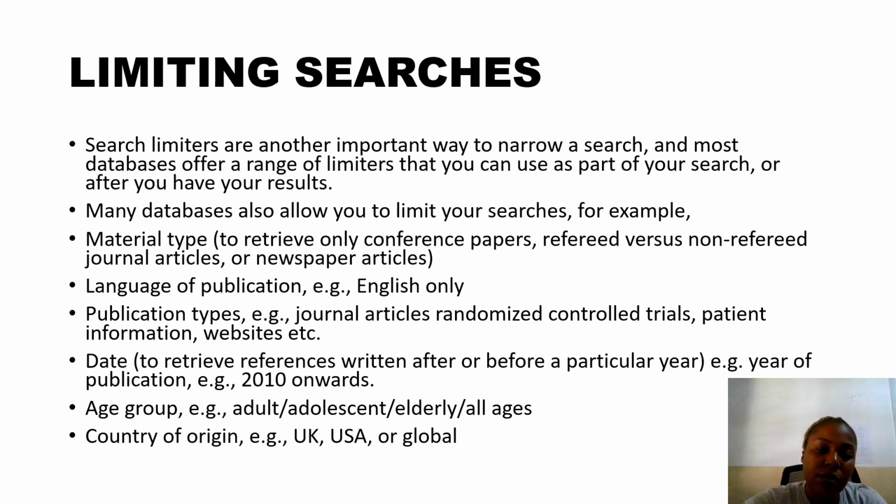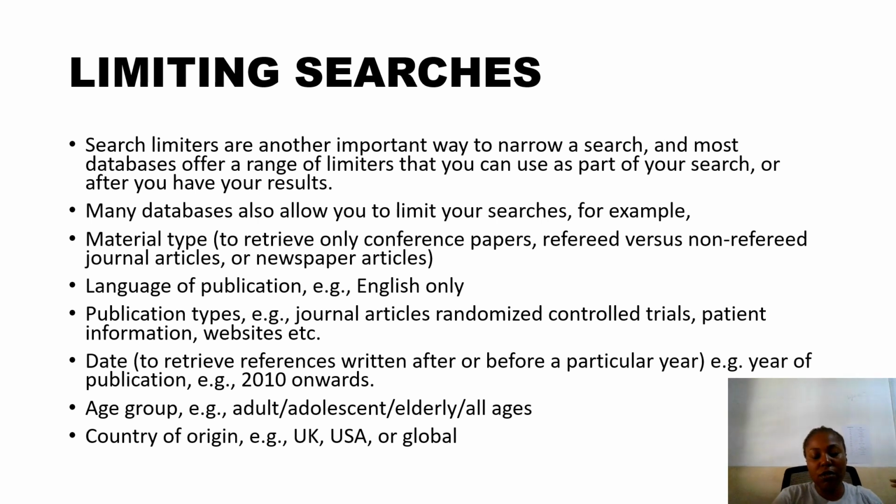And then you can also limit country. Maybe you're looking for papers within Kenya only. So you have to say time management for students in Kenya. Then all the papers in Kenya will come out for time management for students. Then maybe if you're not interested in the ones in Kenya, maybe you're looking at global, you have to say global. If you're looking for UK, you just say UK.